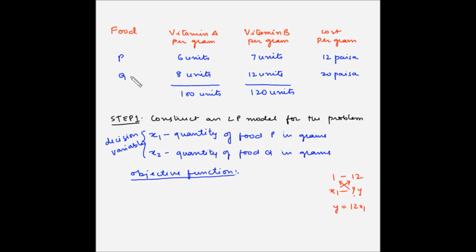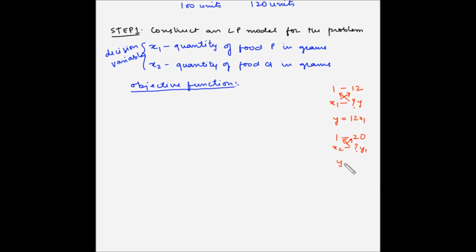And now moving to Q, each gram of Q costs 20 paise. So for 1 gram of Q, the cost is 20 paise. Now we have considered the quantity of food Q in the final product mix as x2 grams. So for x2 grams, how much is the cost? Let's say this is y1, and we have to find y1. So cross multiplication, y1 into 1 is y1 is equal to 20 into x2.